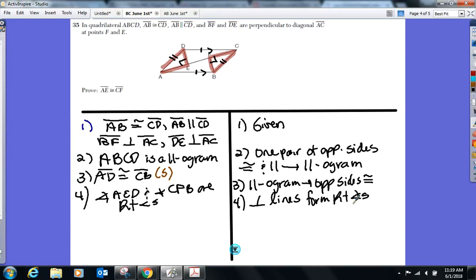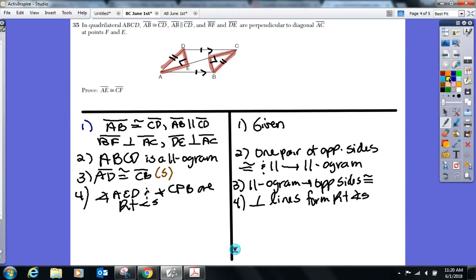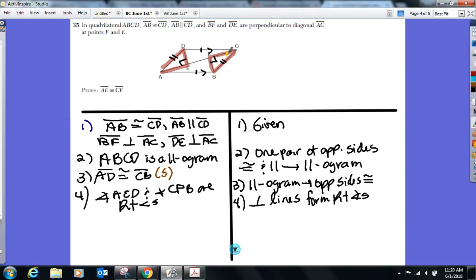Anywhere else here? Hi, Emma. Let me just repeat what Emma said. She's like, hey, how about those alternate interiors you got up there? They're only alternate interiors. They're not congruent yet. What's going to make them congruent? Name the angles you're talking about, Emma. This angle and... yeah. They are alternate interior. Anybody want to know why they're not congruent yet? I didn't tell you the lines were parallel yet, but are they?